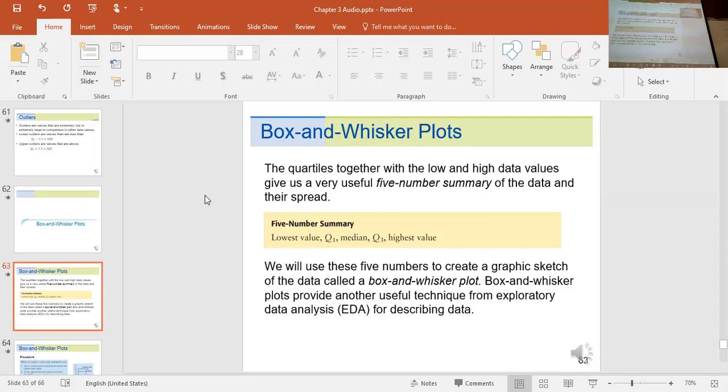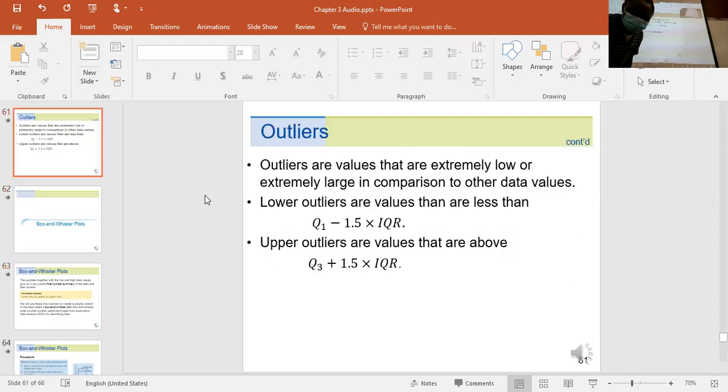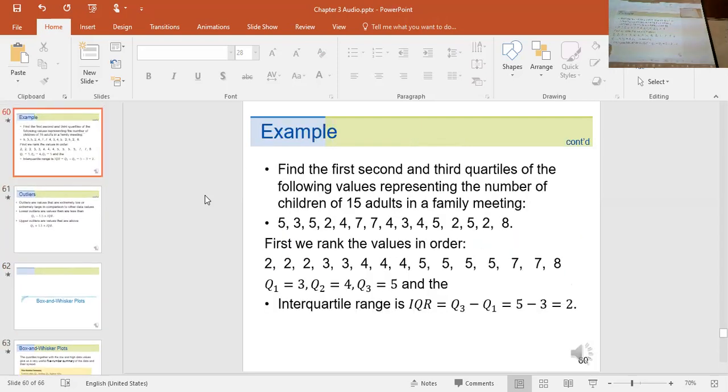So what is the minimum data value for the set of data we had? I want to use that example. What was the lowest data value? Lowest data value. So I'll put a point here to start. And then what is Q1? Q2? And Q3?